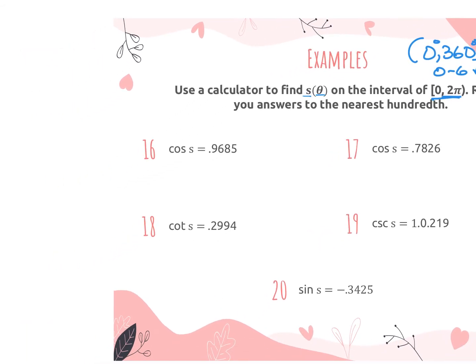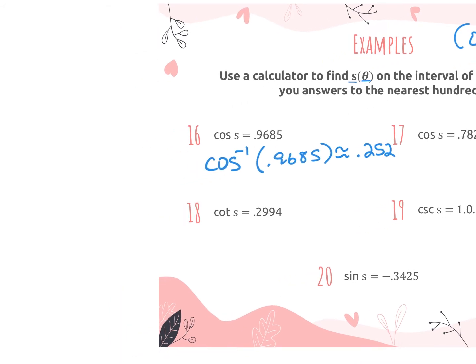So what we're going to do here is cosine -1, put that decimal in, 0.9685, hit enter, and we're going to get 0.252.